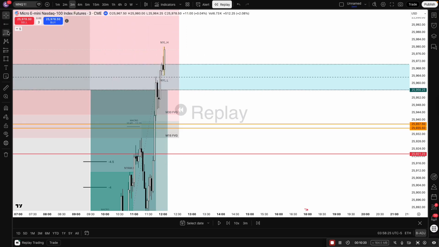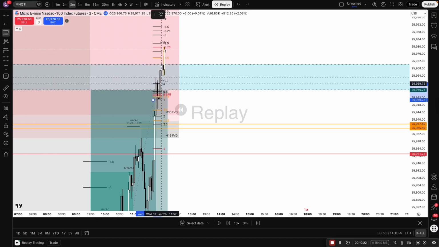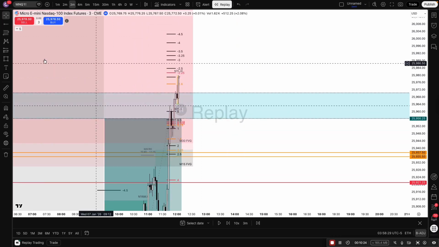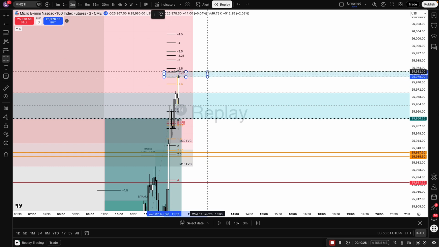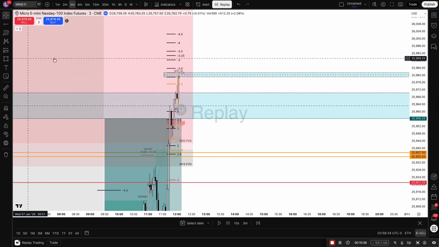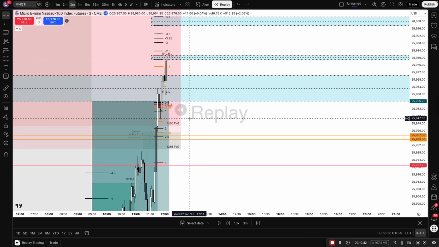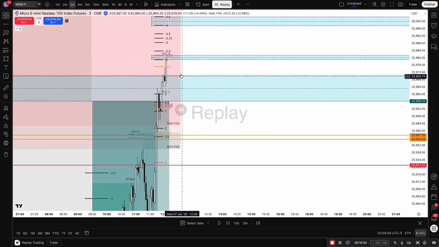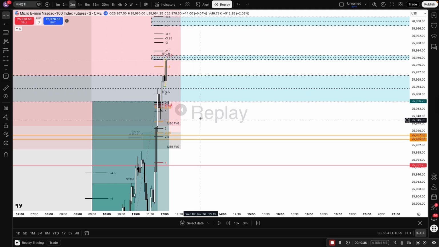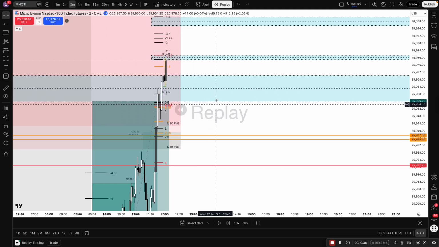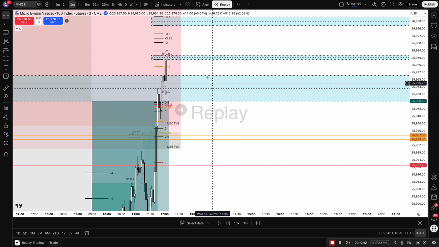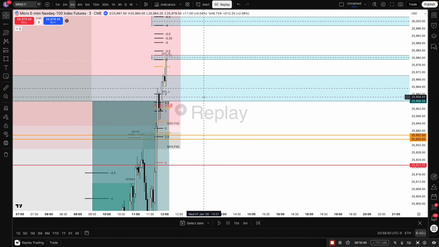Or possibly, okay, it seems like we're displacing through 2.5, so maybe it'll be bounces from here or from -4 and 4.5 is what I want to see. And then I want to see us have a strong, momentous move going through this level again, and then a tap into OTE, playing off of this, a tap into a 3-minute entry model of the OTE area of the entry model on the 3-minute.